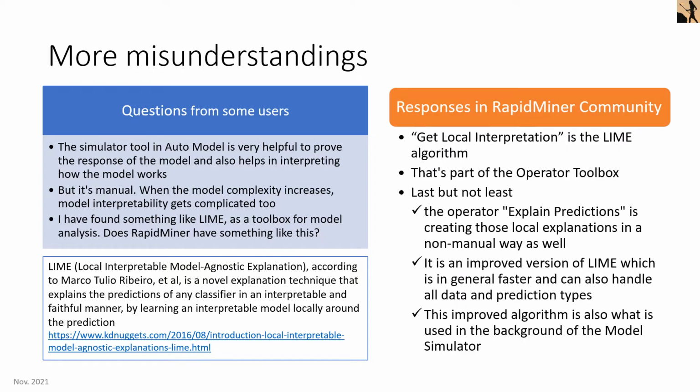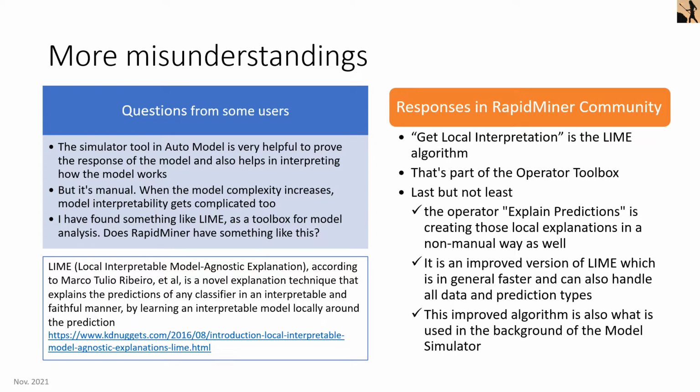Now, it's interesting to see the response in the community from the RapidMiner folks. Some of them say local interpretation is a link, the Lime algorithm. And somebody also says Lime is actually part of the operator box. But I think this last one, if I remember correctly, is from Dr. Ingo Mierswa himself.